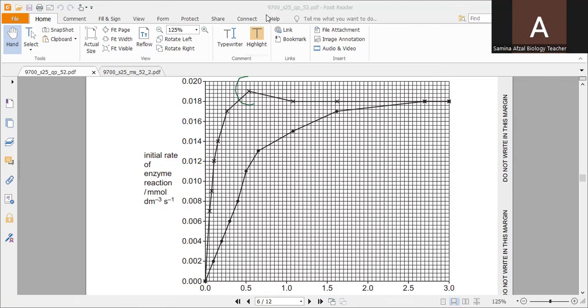So we will circle this value. And why have we circled it? Because you can see it is above the V maximum. So this value is anomalous.